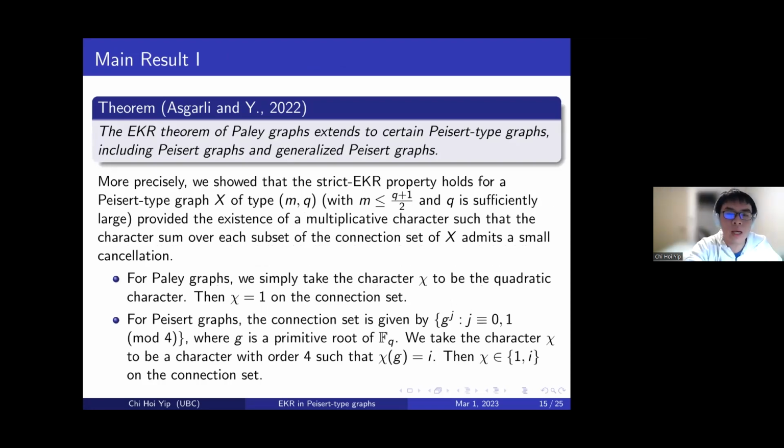More precisely, we show a more general statement: the EKR theorem holds if we have a Peisert type graph X of type (M, q), where M is at most (q+1)/2 and q is sufficiently large. We don't want the edge density of the graph to be too large, otherwise we cannot say anything.